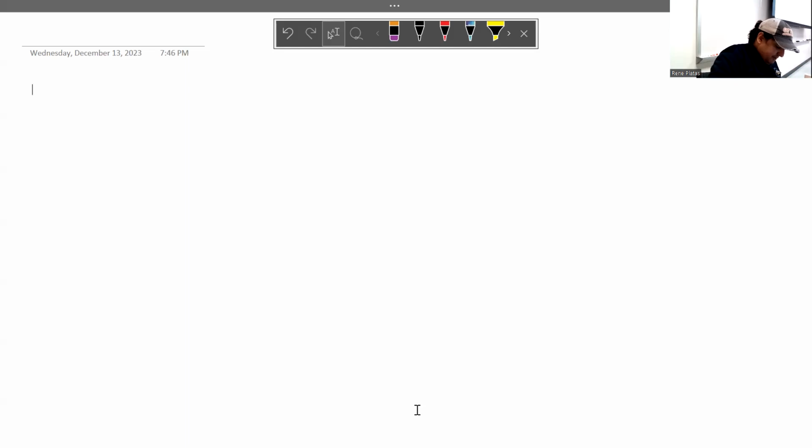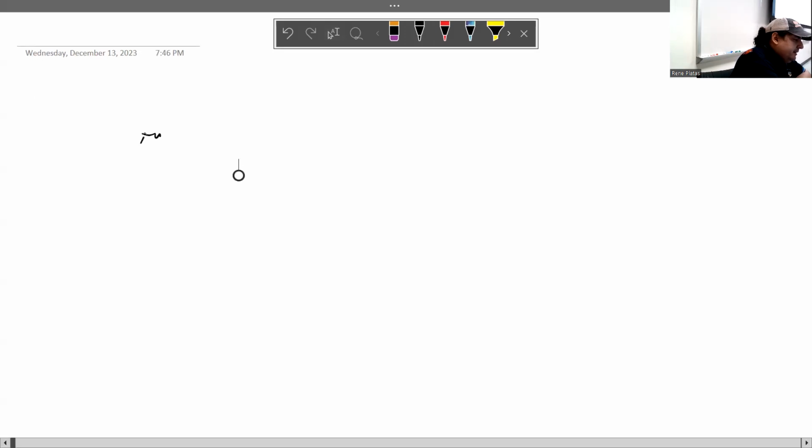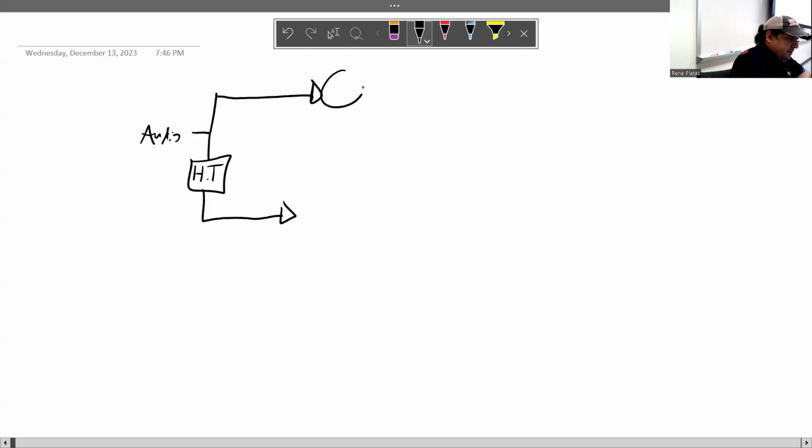Let me draw out the image at the top. It says there's an audio message coming in. The audio is going to be split into two sections. One is going to be the Hilbert transform, and the other one's going to be normal. They go into a product here.